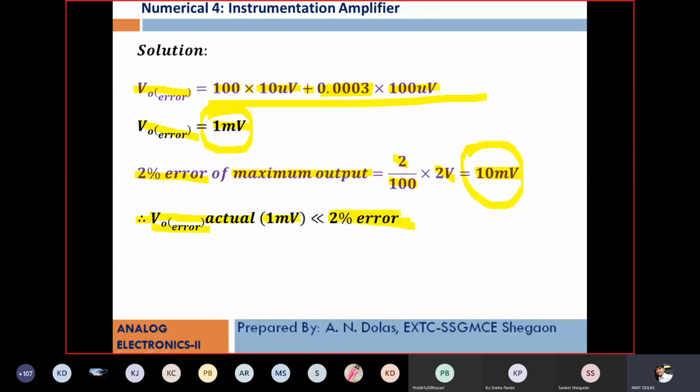So this is how we can solve the design of a temperature controller or indicator using RTD and thermocouple along with 3 op-amp instrumentation amplifier and digital display or say DVM.